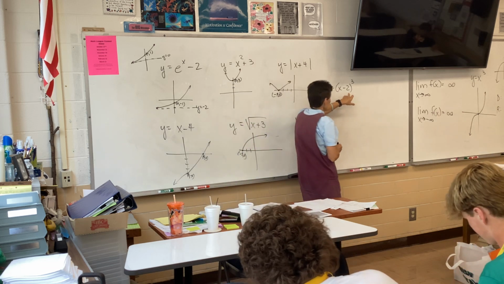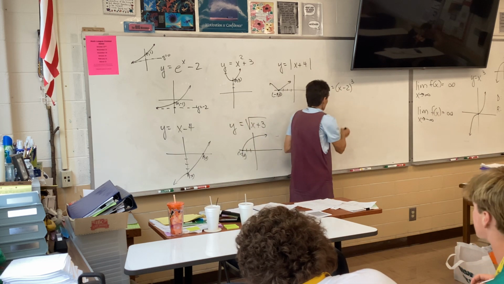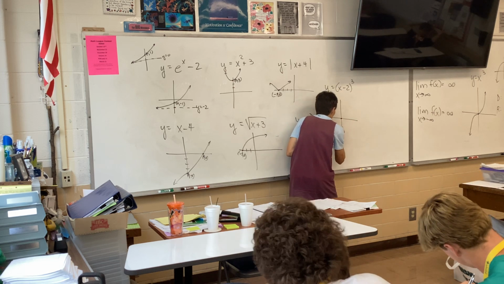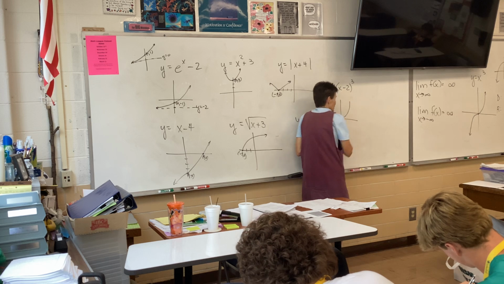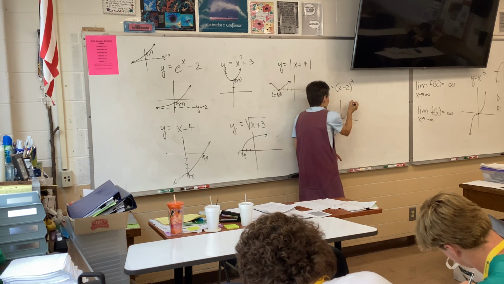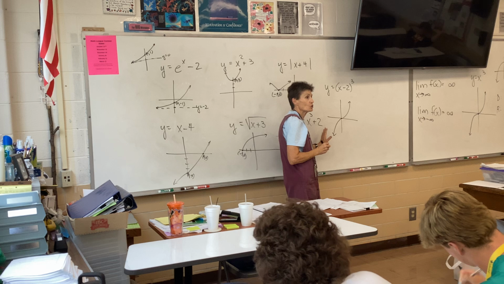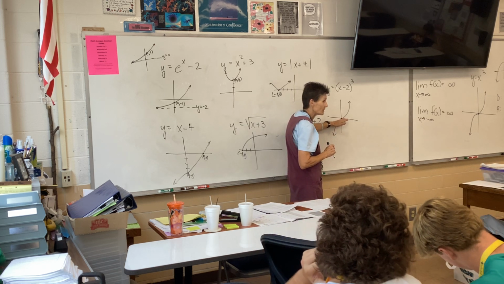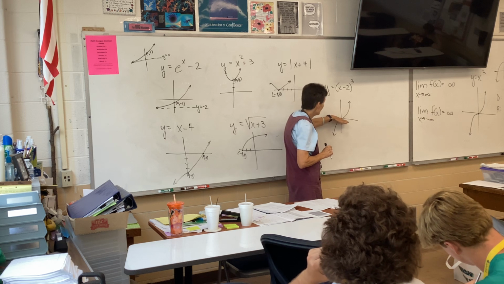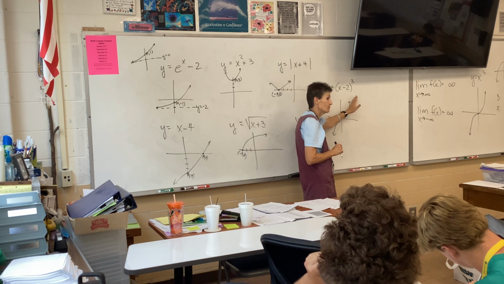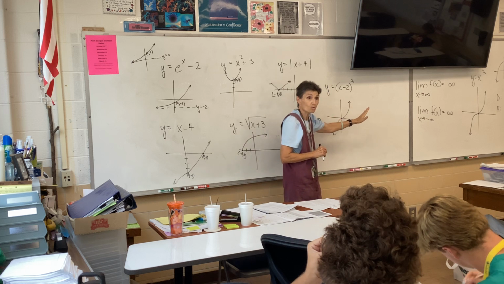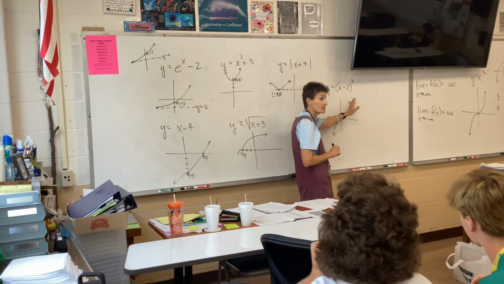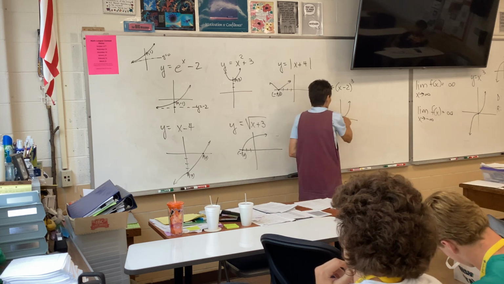Now, what shape is this? This is a cube. What shape is that? It's a squiggle. And the normal squiggle is at the origin. And when I say the squiggle, it's a change in concavity. This is concave down. This is concave up. Concave up means it holds water, concave down means it doesn't. So this part of the curve is down, this part of the curve is up. So now where will that point be?